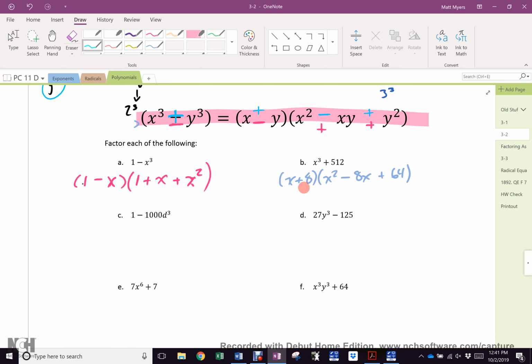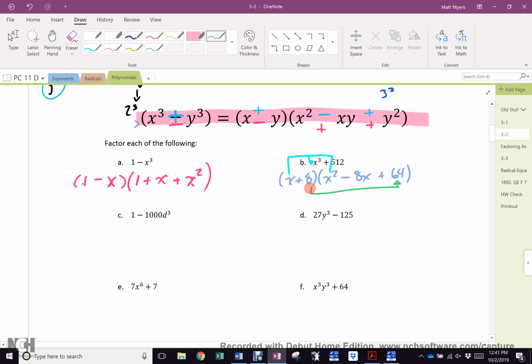My thinking here is this and this have to multiply to x cubed. Right? I know it's got to do that. And this and this have to multiply to that. Because I know since it's a sum of cubes, the middle stuff has to drop out. Right?